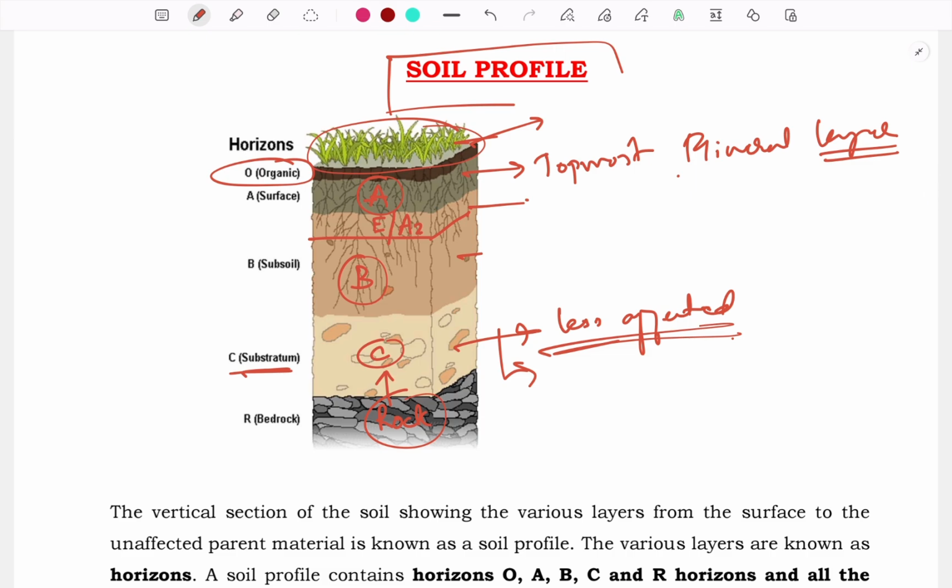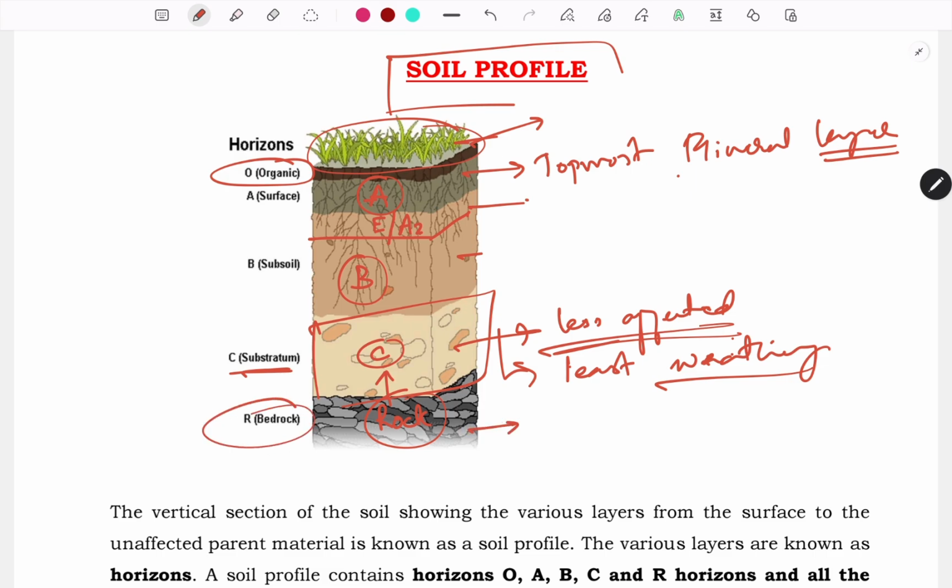That's why there is no biological activity in this layer. Here we can see the least weathering. And the next one is the bedrock. This is the bottommost layer.